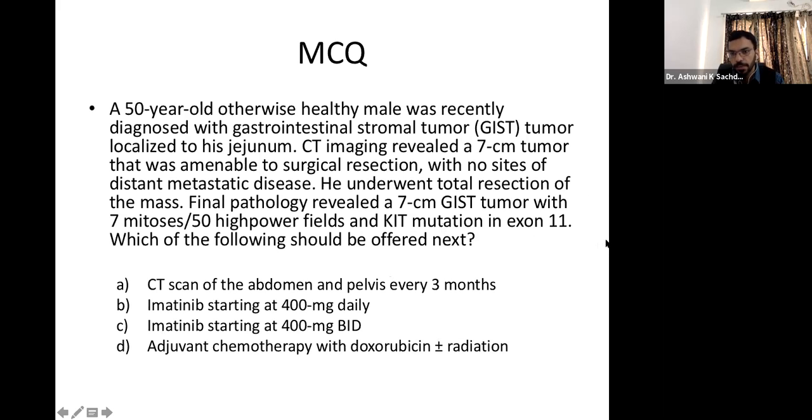What should be offered next? So what is your answer? Whether to follow up with CT scan of abdomen and pelvis every 3 months, imatinib at 400 milligram daily, imatinib at 400 milligram BD, or adjuvant chemotherapy with doxorubicin and radiation therapy.